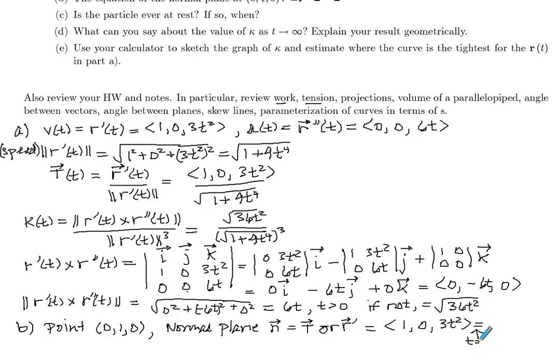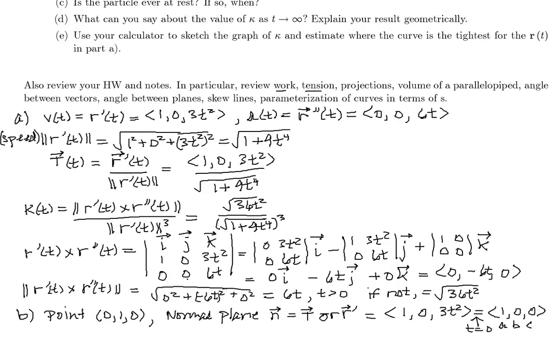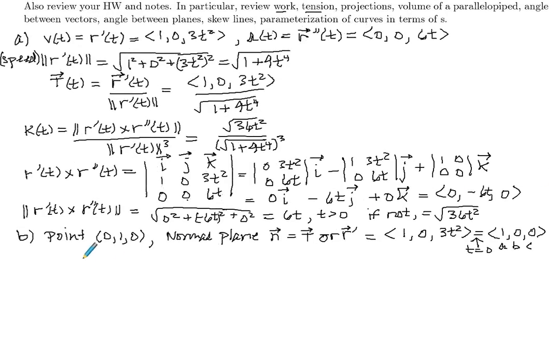So t equals 0 gives us 1, 0, and 3 times 0 is 0. So there's our a, b, c. Now we just have to plug into the scalar equation of the plane: a times x minus x0 plus b times y minus y0 plus c times z minus z0 equals 0.